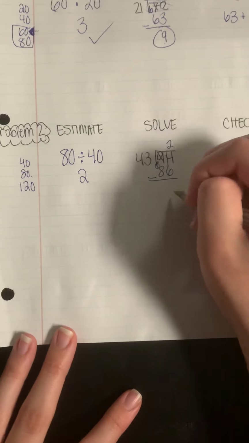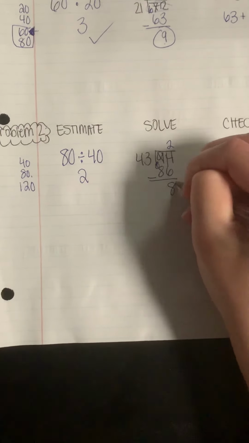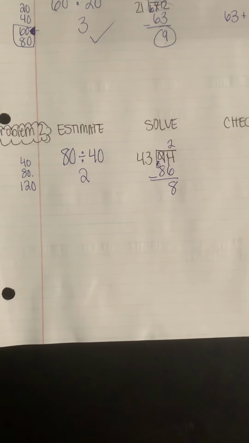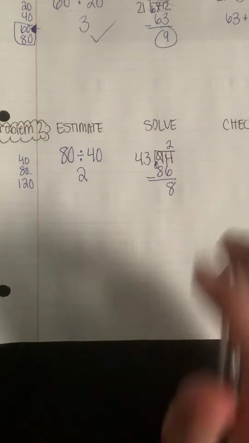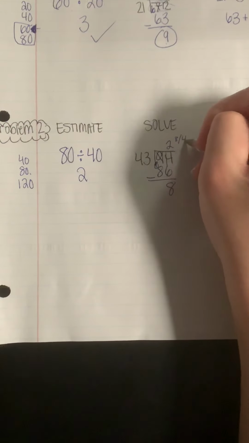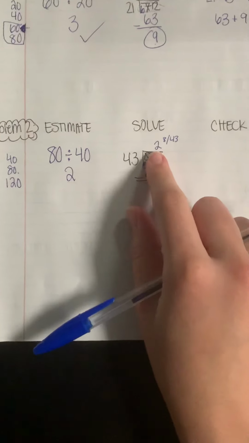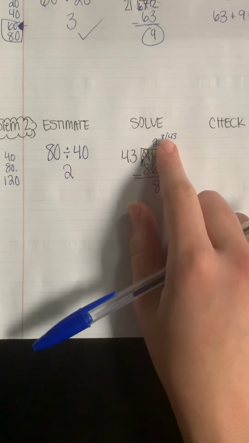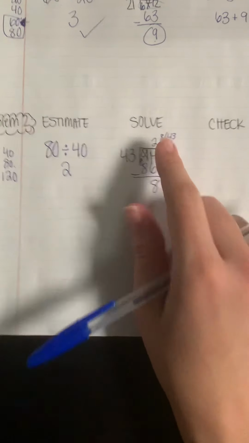So 14 minus 6 is 8. 8 is not enough to make a whole other group, so that becomes my remainder, 8 over 43. So my total answer is 2 and 8 over 43.